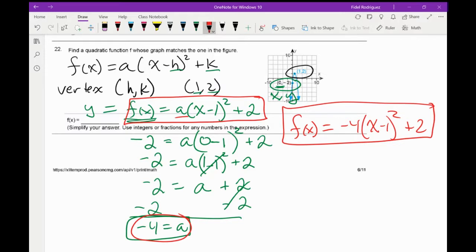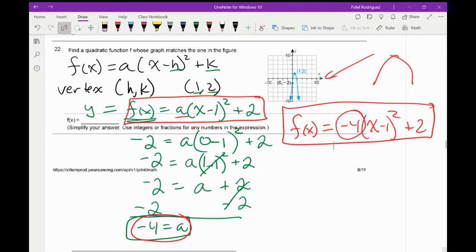So I'm coming up with f(x) = -4(x - 1)^2 + 2. If you think about the picture, y'all, look at my parabola. My parabola is opening down, which tells me that my number a should be negative. In this case, it was a negative 4. And to show you that I'm telling you the truth here, we can go ahead and check our answer.